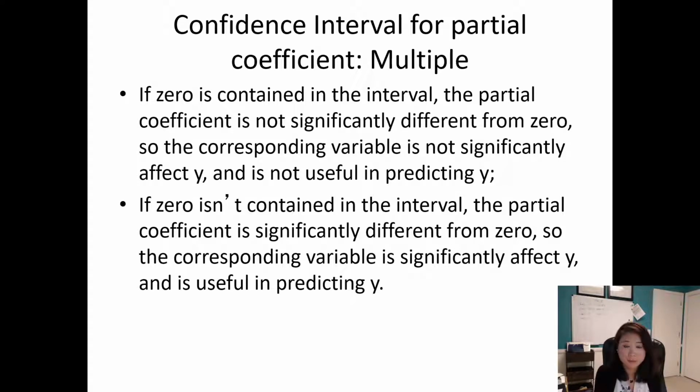So basically, if 0 is contained in the interval, the partial coefficient is not significantly different from 0. So the corresponding variable does not significantly affect y, and is not useful in predicting y. If 0 is not contained in the interval, the partial coefficient is significantly different from 0. So the corresponding variable significantly affects y and is useful in predicting y.